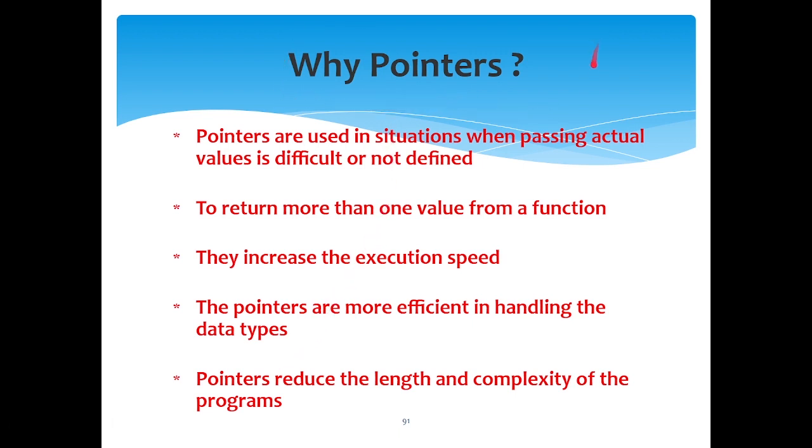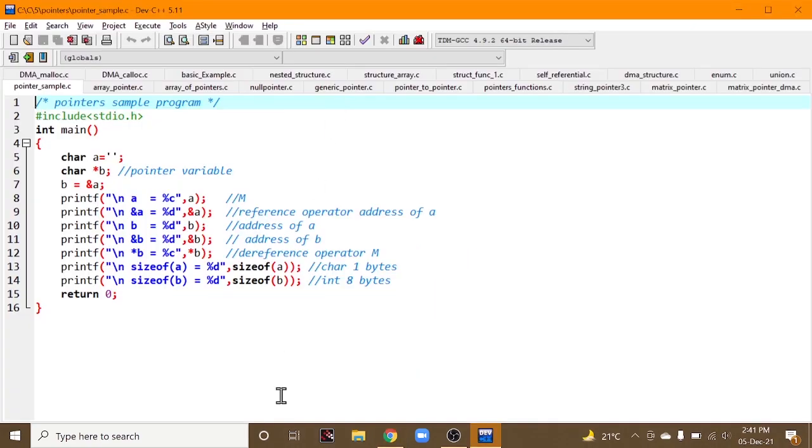Now let us look at a few programs related to pointers. Here comes the sample program for pointers. Obviously the header file and the main function inside it, and we have defined a character a which is empty initially. And remember, this is your pointer variable: data type, space, star, pointer name. This is the representation of a pointer.